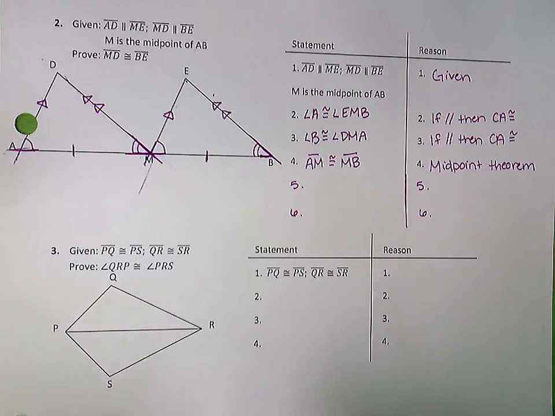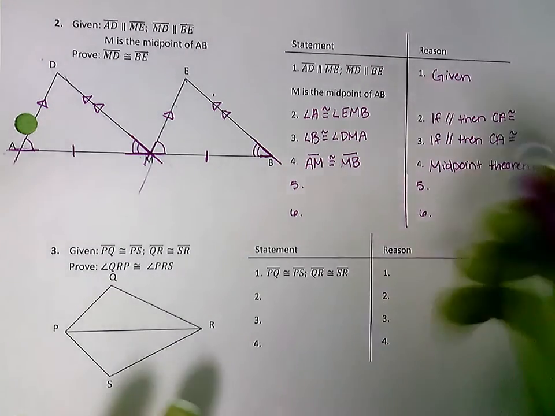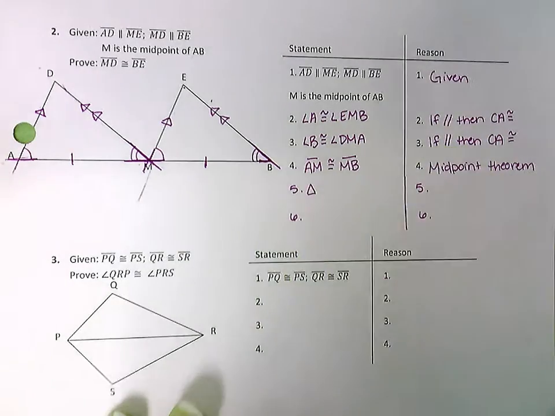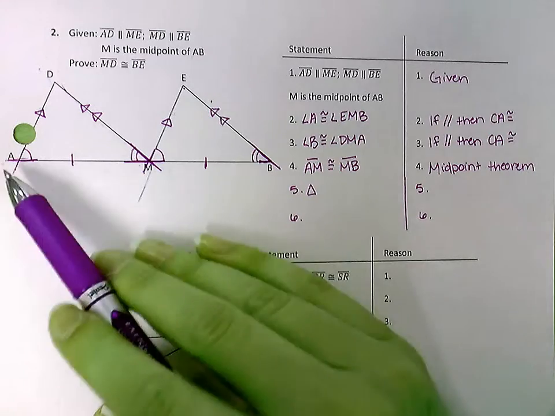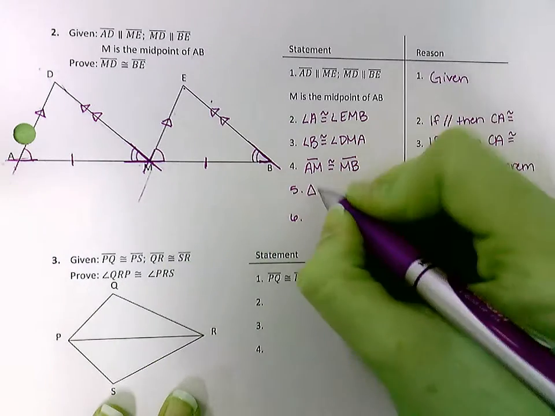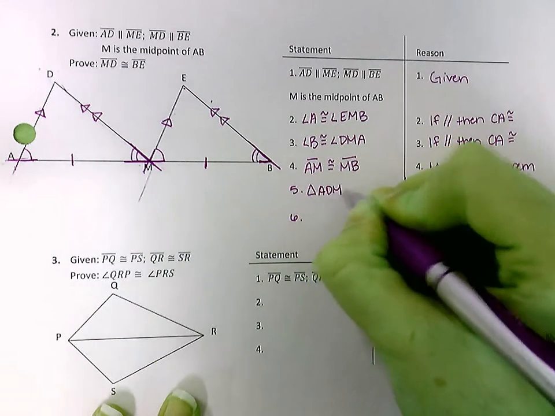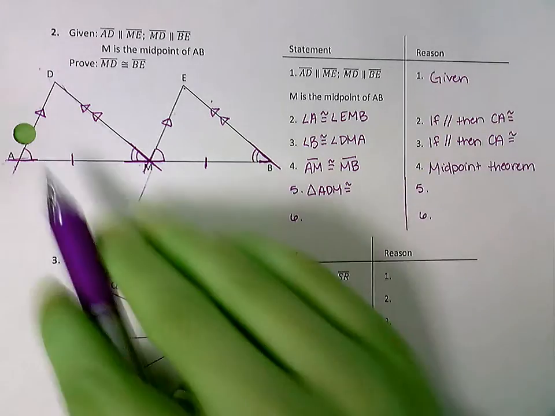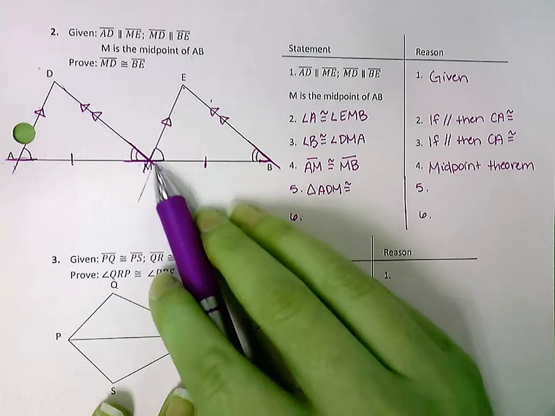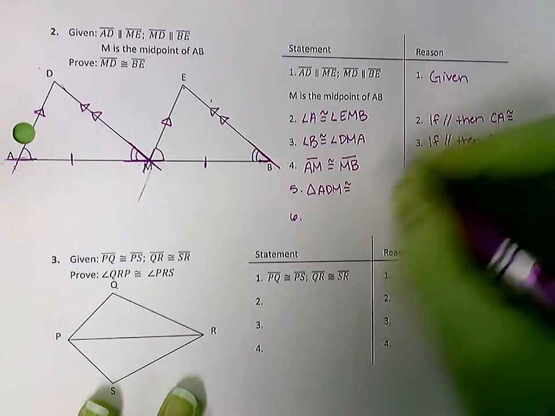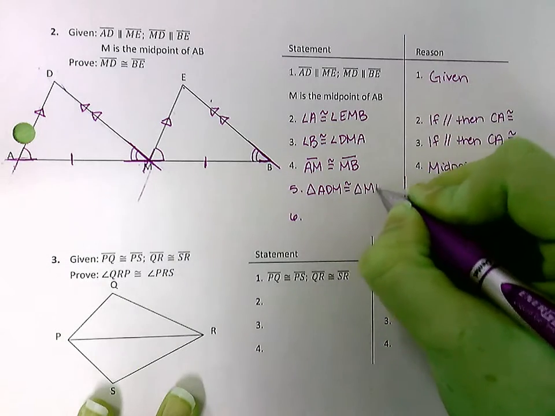So now I can prove my triangles are congruent. So I have triangle ADM is congruent to, again, make sure you go in the right order for that second one. Since I started with A here, I have to start with M here. So this is triangle MEB.